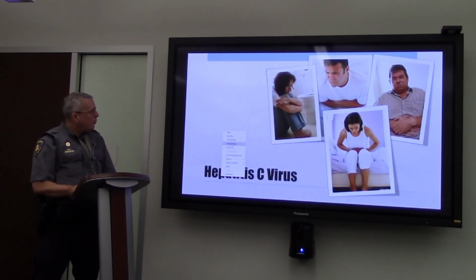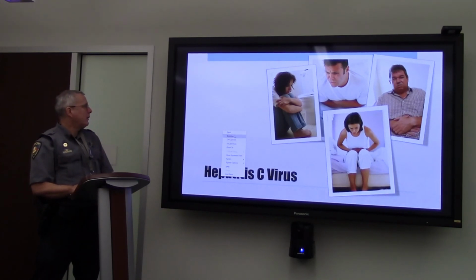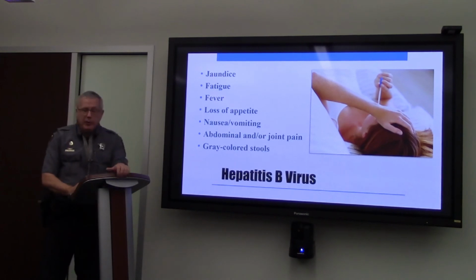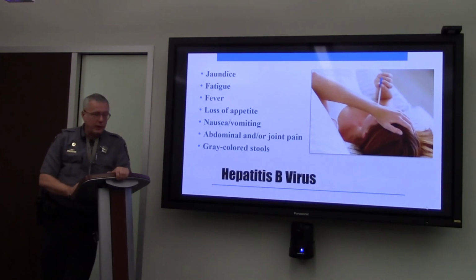And I'm going to go back for 1 second, just finish up one thing on hepatitis B. Hepatitis B shouldn't be a great concern for anybody who's taken this class. One of the things about getting hired at the sheriff's office is that you are required to take a hepatitis B vaccination.